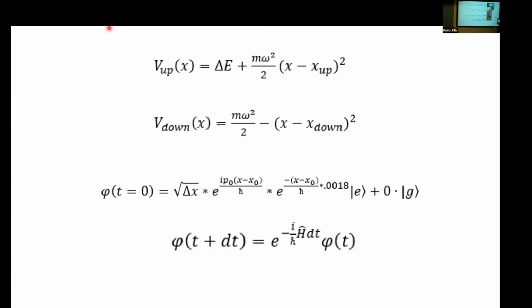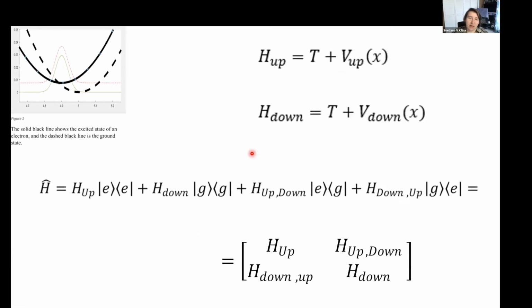Okay. And what is the meaning of this V up and V down in the Hamiltonian? Can you go to the previous slide once again? Yeah. So you're showing T plus V up. What is V up? What is T? T is the, which terms contribute to the Hamiltonian?